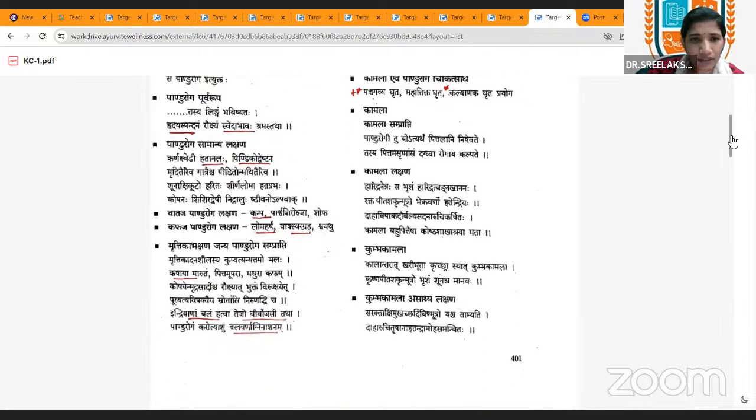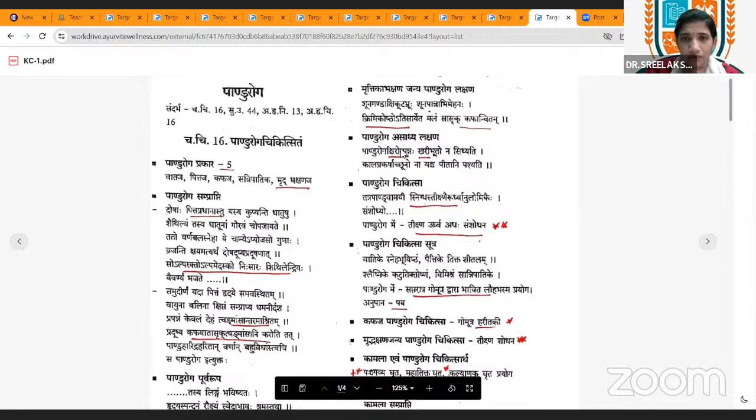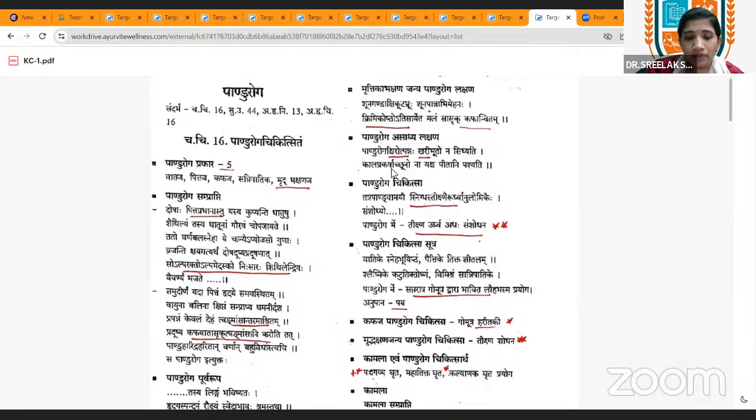The next important point is the Panduroga Asadhya Lakshana. Whenever this Panduroga is Chira, Gaurava, Buddha Deha and Shuna Anga, that is edema is present, as well as Pita Pashyati, the patient sees all things in yellow color. This is the Asadhya Lakshana of the Pandu.